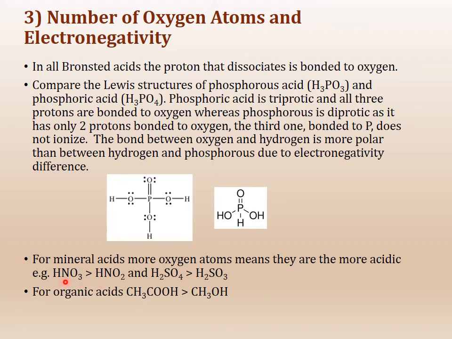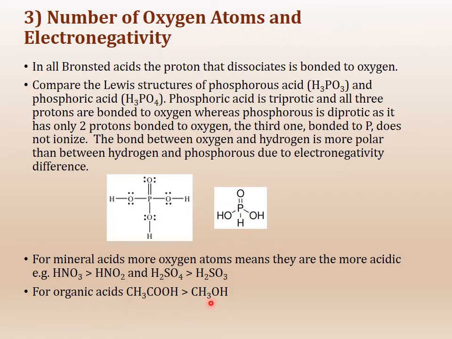Here nitric acid has 3 oxygens, nitrous acid has 2 oxygens, which gives it more polarity. And here also sulfuric acid has more oxygens than sulfurous acid, giving it more polarity. If you see, that's the same case here also. Phosphoric acid has 1 more oxygen, which also gives it more electronegativity and more polarity.